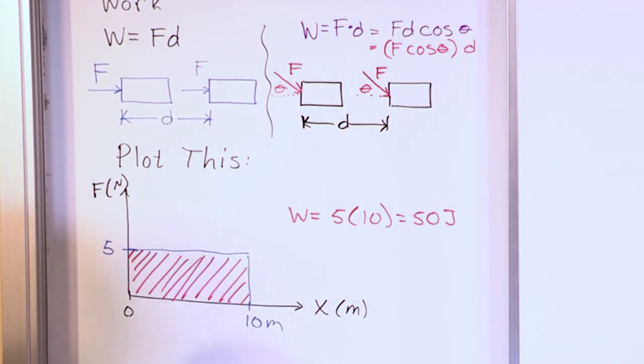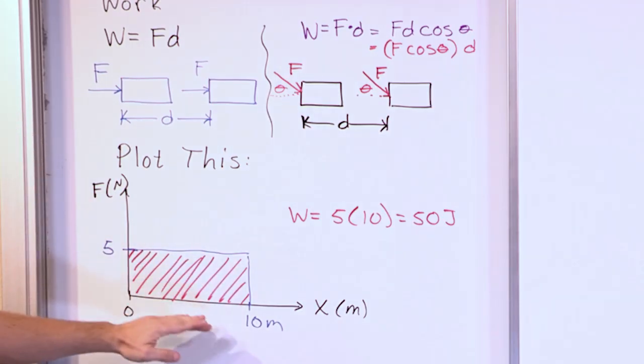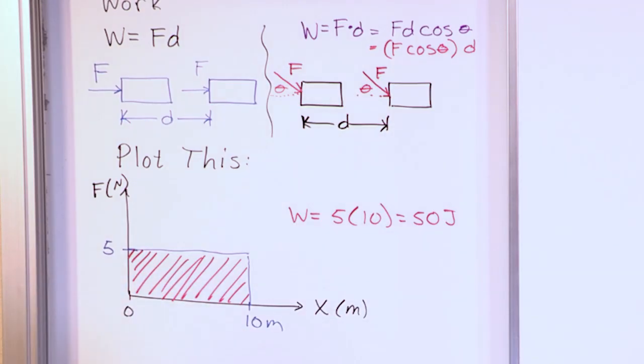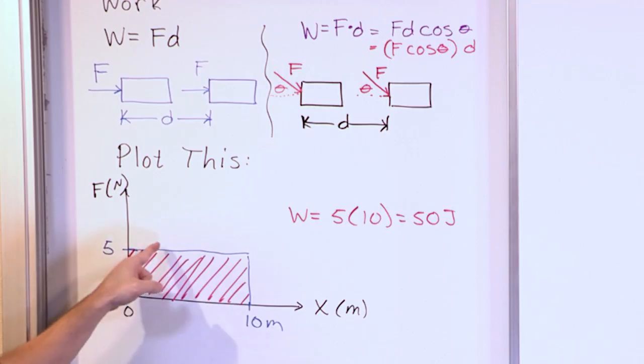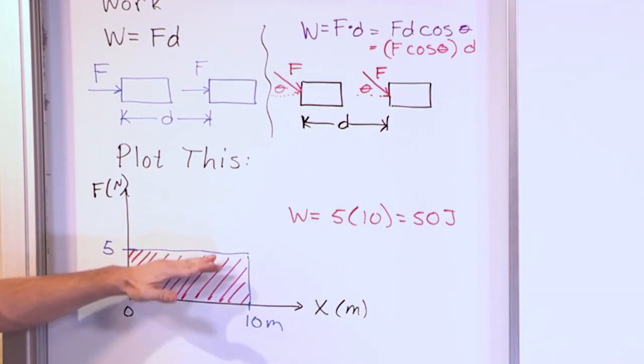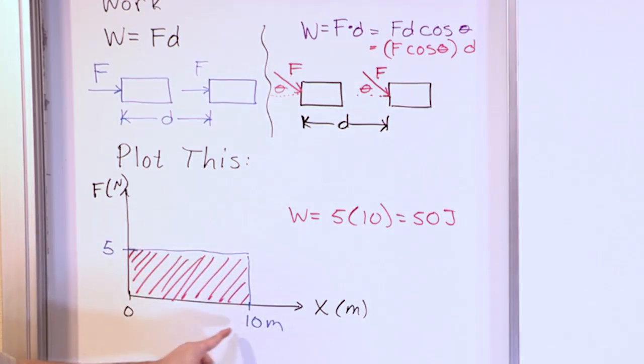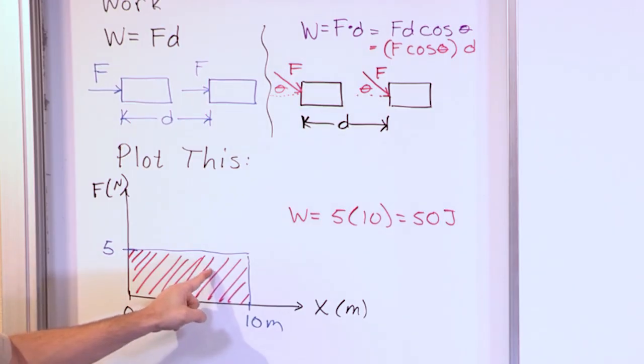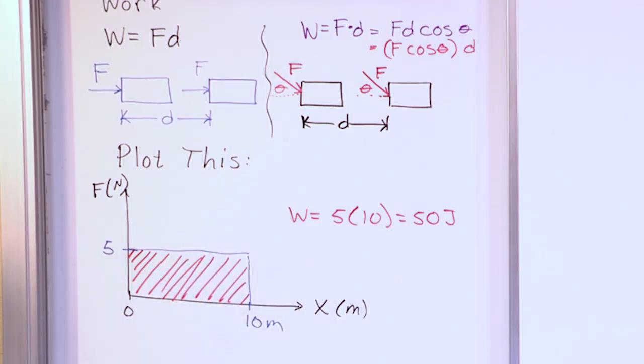So really, work is force times distance. But more generally, if you plot the force and the distance that the object moves, then the work graphically is represented by the area underneath this force curve down to the x-axis between the points of motion, right? So it's physically represented by this shaded area here.